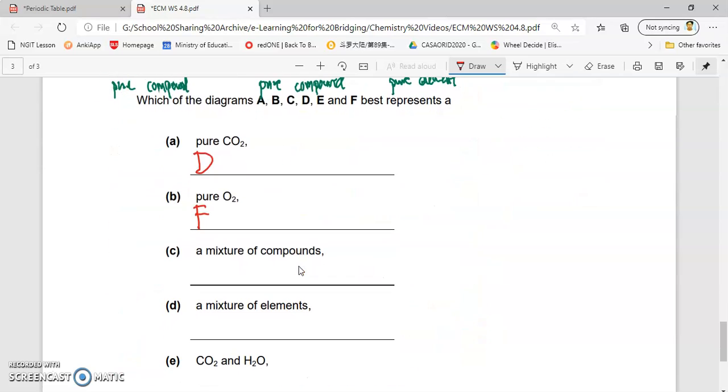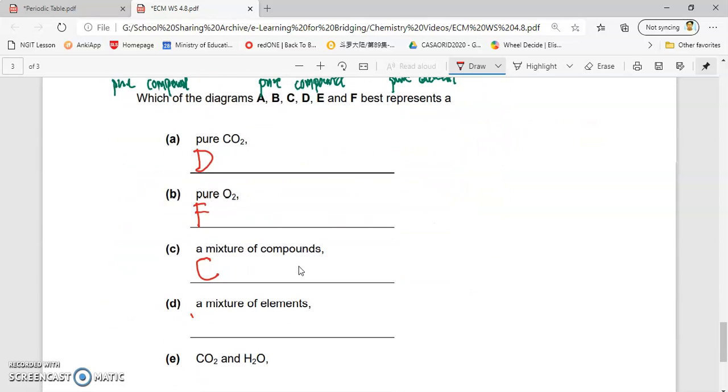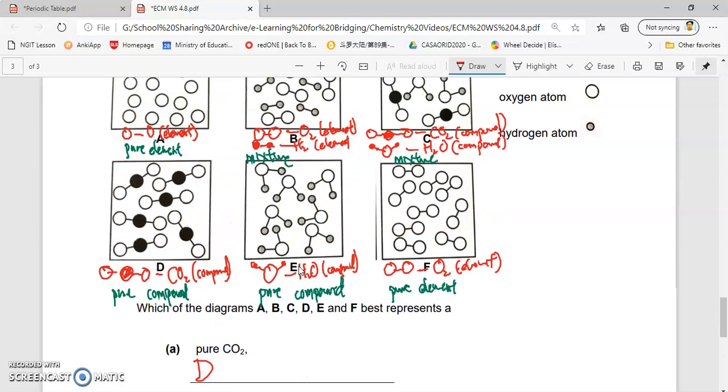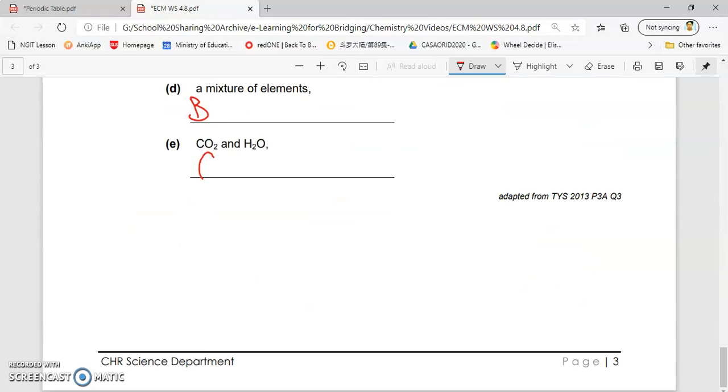So therefore, a mixture of compounds must be C. Therefore, a mixture of elements must be B. Last one, which one consists of CO2 and H2O? We have already drawn everything, so the answer will be C. Sorry, let me scroll it down. So it'll be C. Okay, so that's all for this worksheet 4.8. This is the last of element, compound, and mixture.